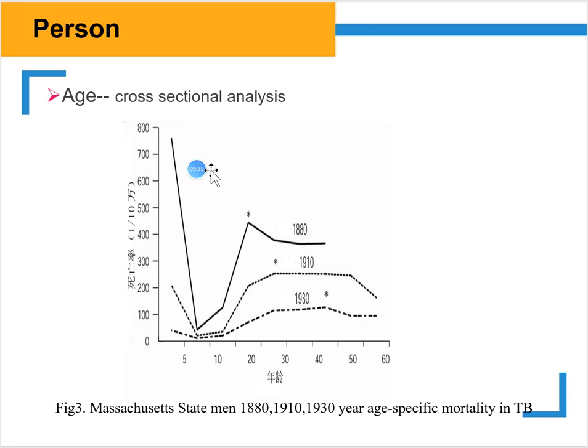The ordinate is mortality of tuberculosis. 3 curves show 3 cross-sectional analyses, all describing the association between age and mortality rate of tuberculosis in 1880, 1910, and 1930. Another description of age distribution of tuberculosis is birth cohort analysis.